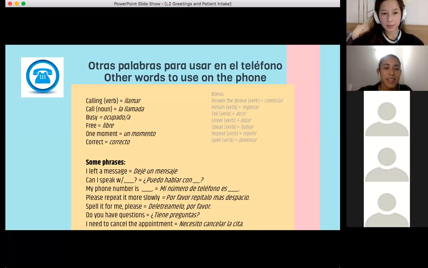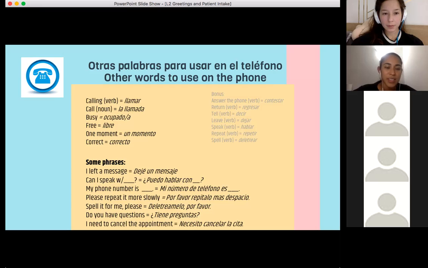Free is libre. One moment, un momento. And correcto. I know before we said free is gratis when you're talking about payments. When you're talking about being available, you could say libre.